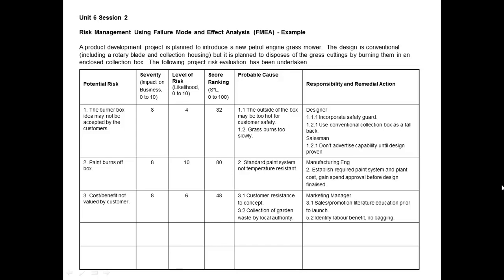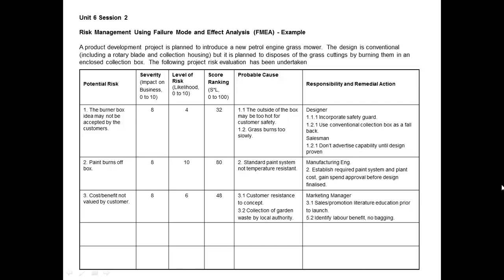So manufacturing engineering, they could look at establish the required paint system and plant cost, gain spend approval before design finalized. There is a cost implication, as there are with the other steps, particularly for the designer.